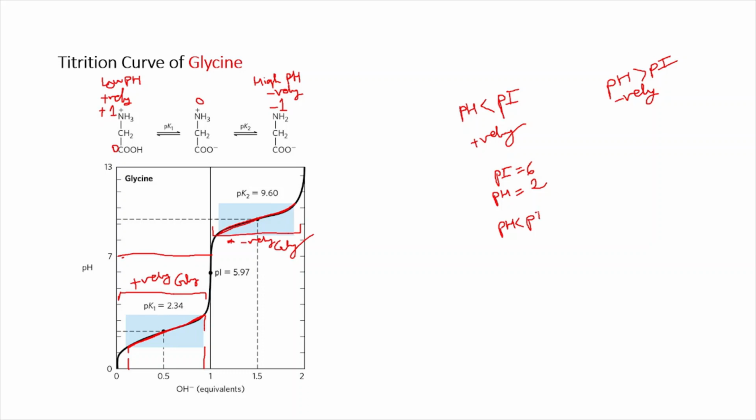So you have a positively charged amino acid here, and it will migrate to the cathode.